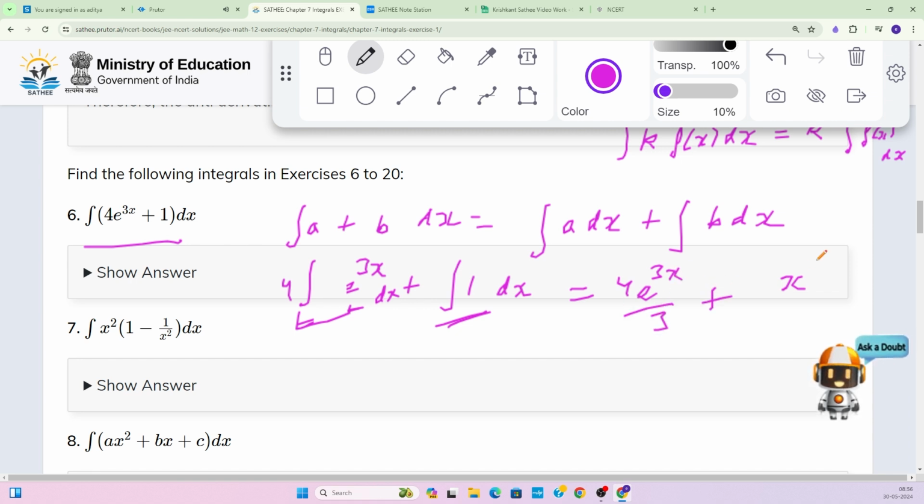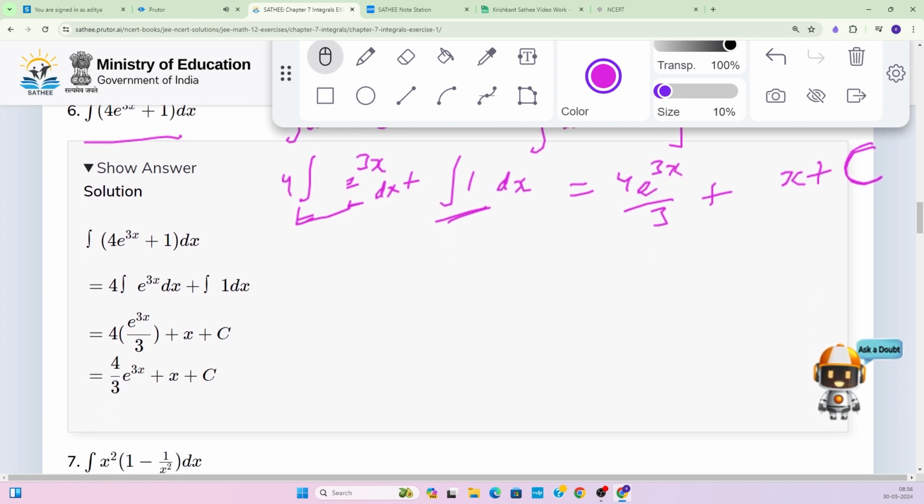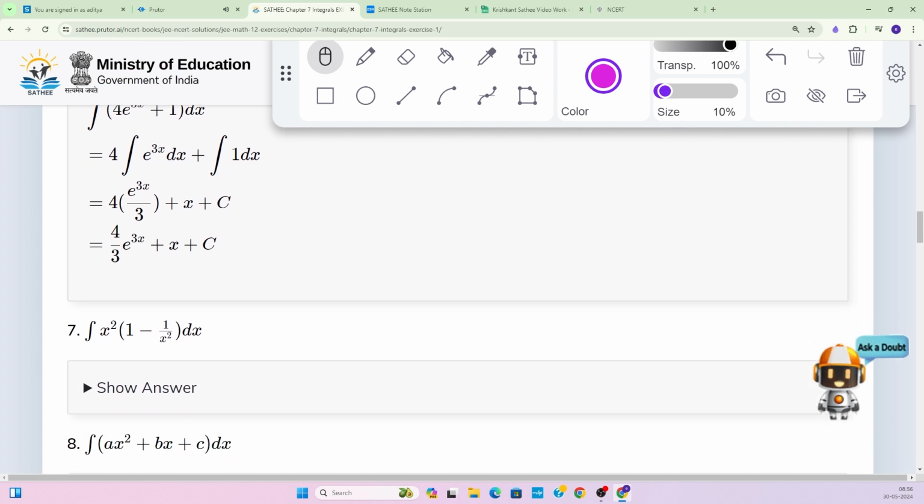Then the same sign plus some constant. Always add some constant in integration. Clear? So your answer is 4 by 3 multiplied by e^3x plus some constant. Clear? Let's move to the next problem.